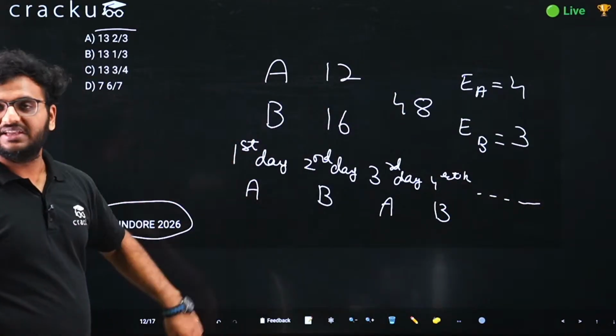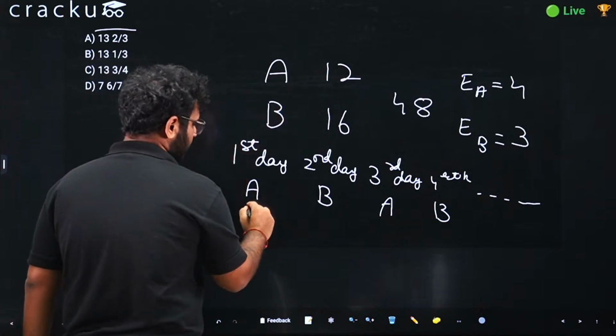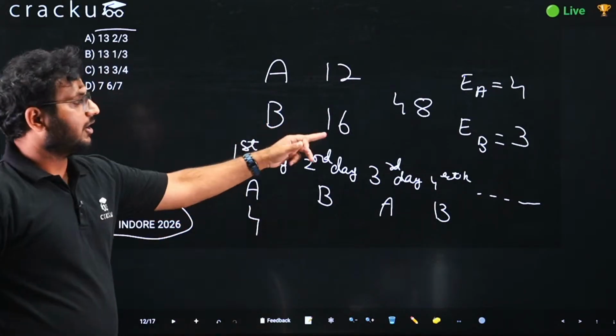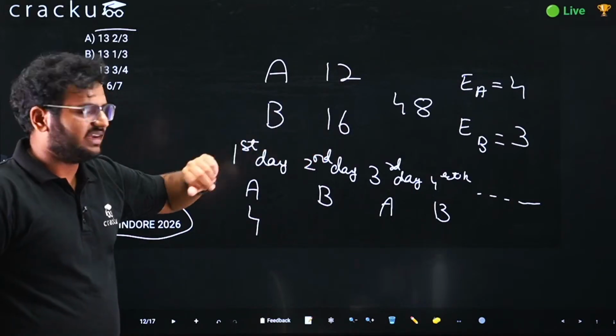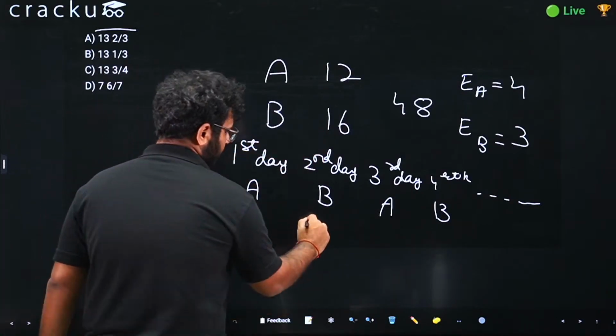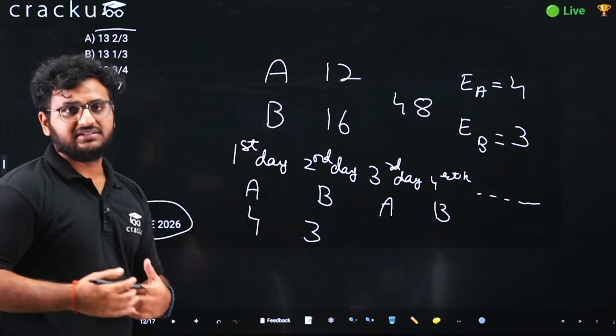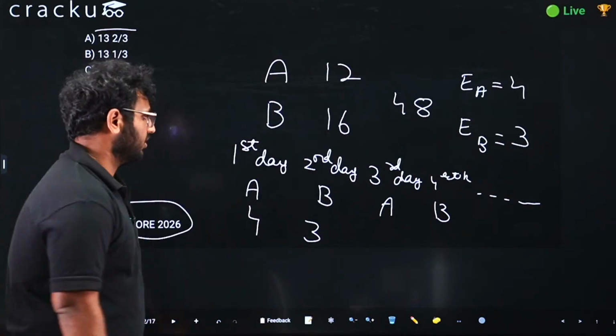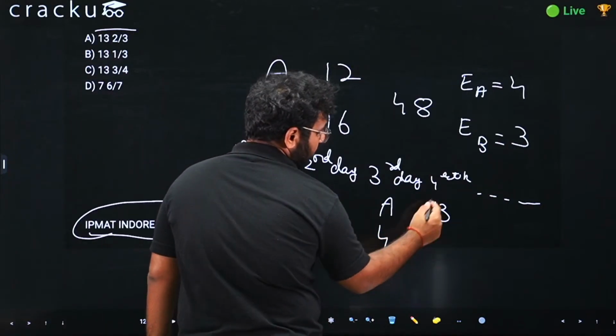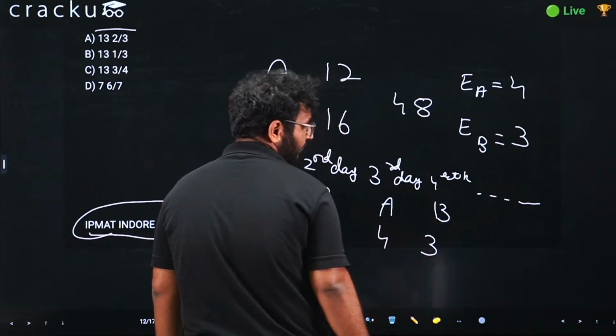On the first day, how much work did A do? 4. On the second day, B did 3. On the third day, my efficiency is 4 units per day, so again I did 4. Then again B came and did 3.